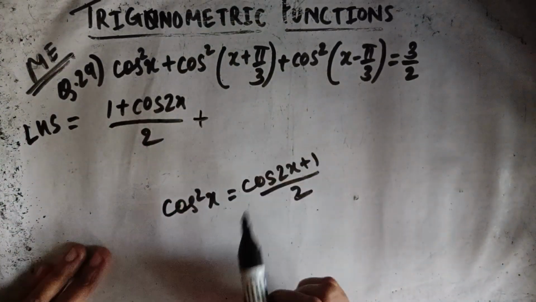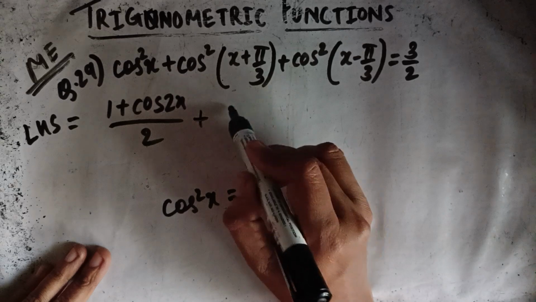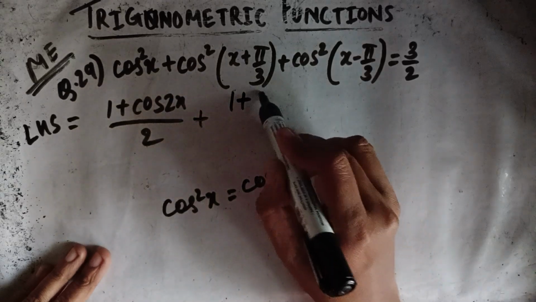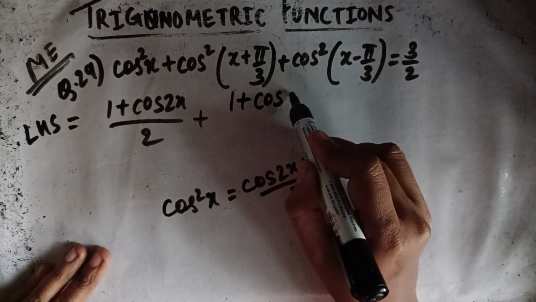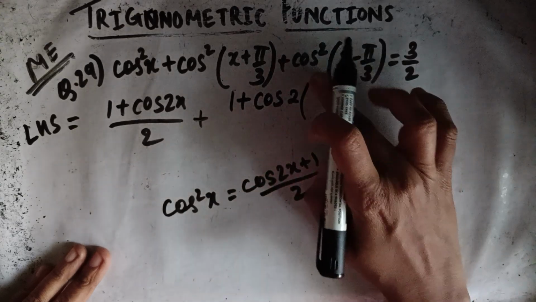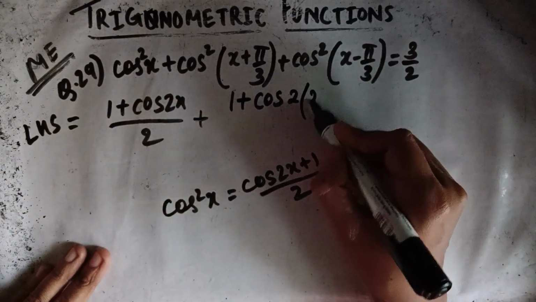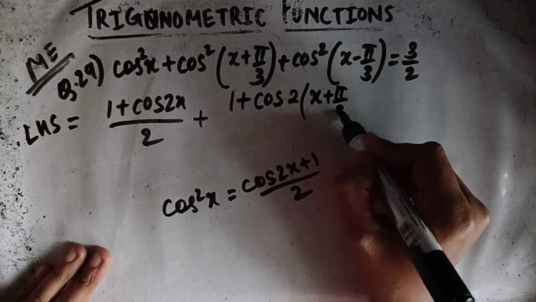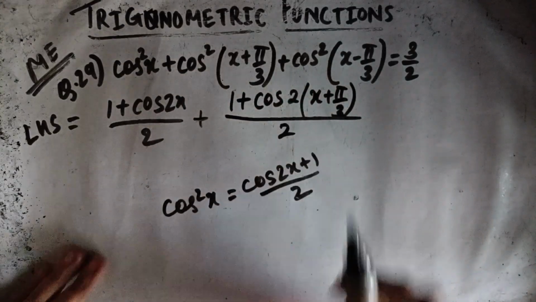Plus here also the same thing, 1 plus cos 2x, meaning you have to multiply the angle by 2.